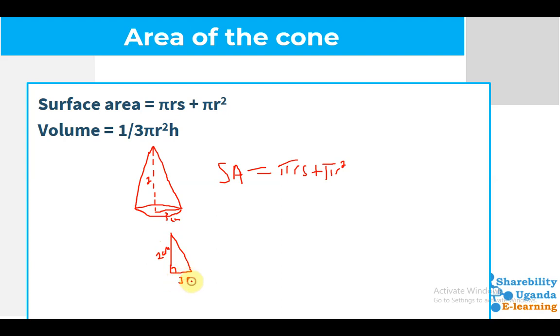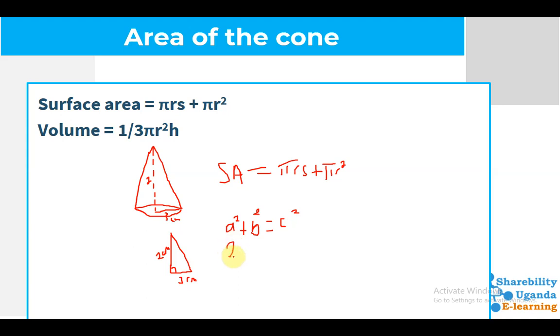So for us to get the slant, we use our method of a squared plus b squared being equal to c squared. With this we can get the slant.